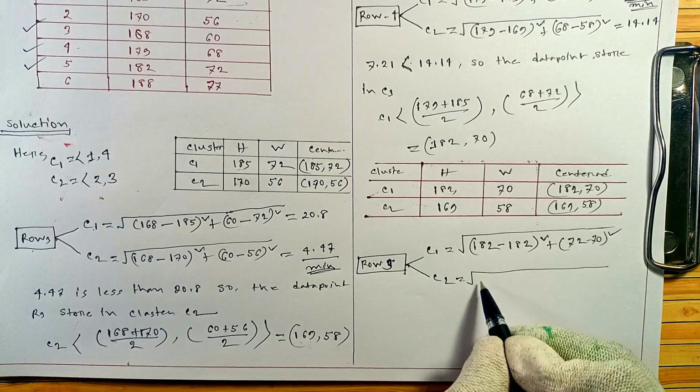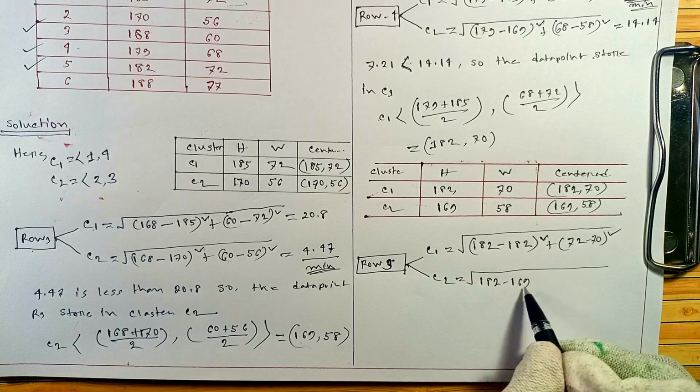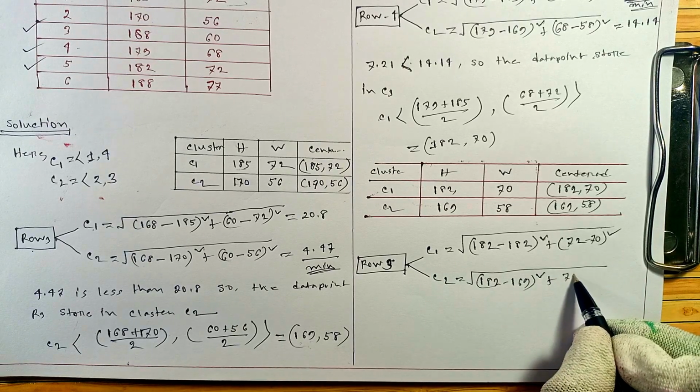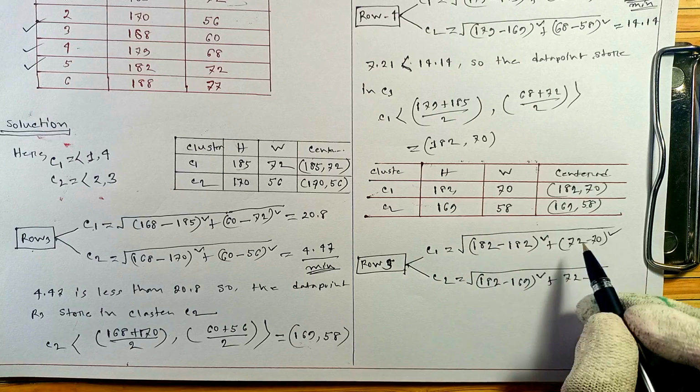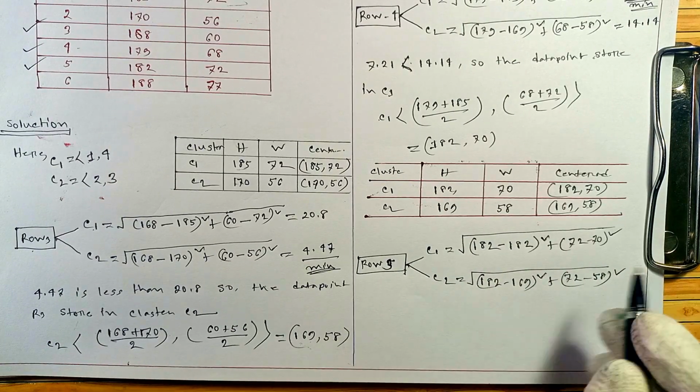In case of C2, 182 minus 169, plus 72 minus 58.